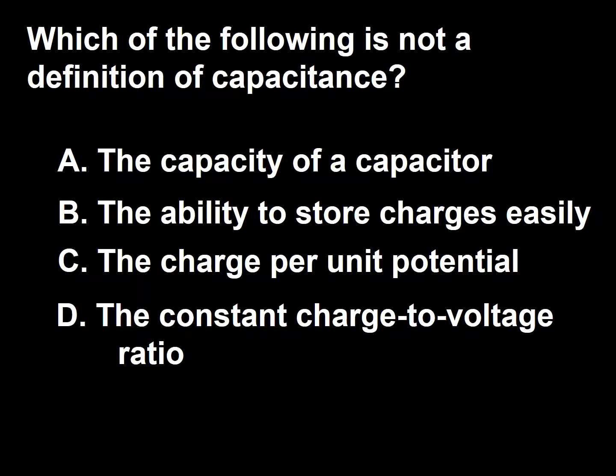but I included it twice to expand on the definition of capacitance by using the drawer and pairs of socks analogy. Capacitance, as you recall, is defined by different books in different ways.